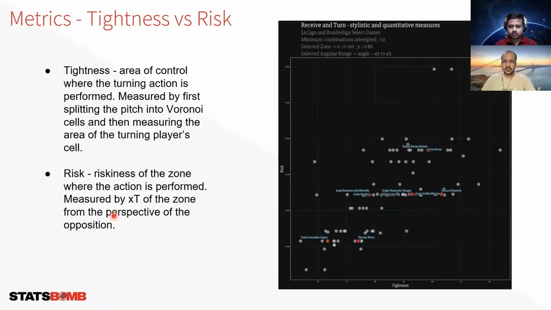The risk might also be less for the opposition, because if the opposition wins the ball towards the defender in their defensive zone, the tightness might be high in the defensive zone, but if they win the ball, the expected threat for them, for the opposition, is also low. So this is one way we can interpret this graph.